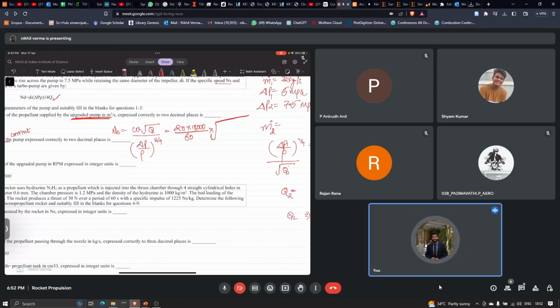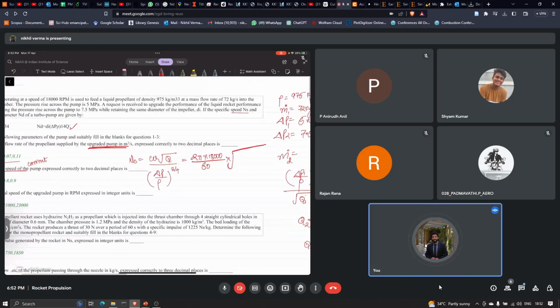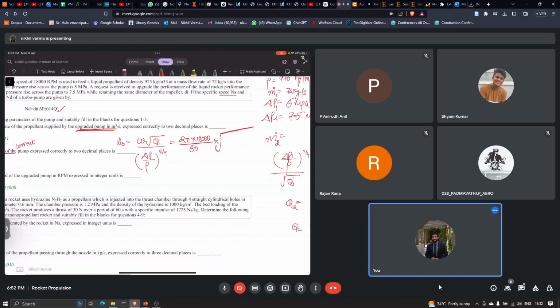This is m dot 1, which is equal to 72, divided by 975, divided by 5 into 10 to the power 6, and this is 975 to the power 3 by 4. If you substitute this, you will get ns as 0.845.